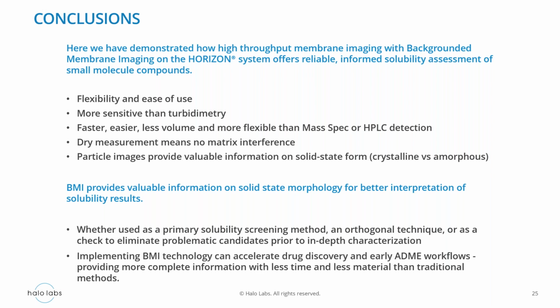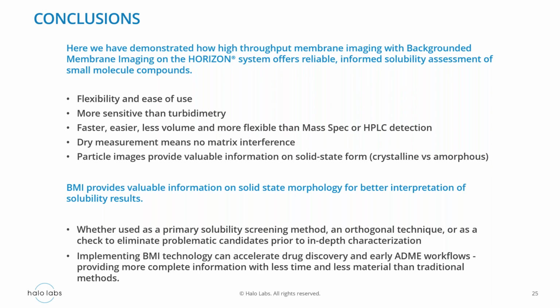We think that this should be used as a primary solubility screening method, and it will help you eliminate problematic candidates faster. And that's very important, again, because you could have your heart set on a particular lead, and this lead turns out to be false. So the faster you eliminate bad leads from your lead repertoire, the better off you're going to be.